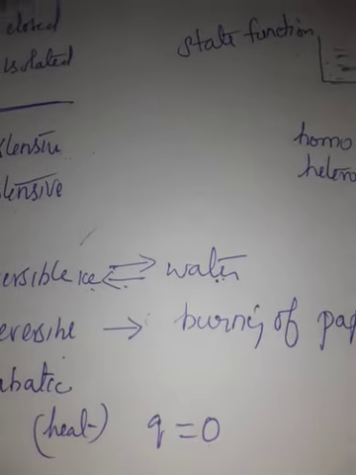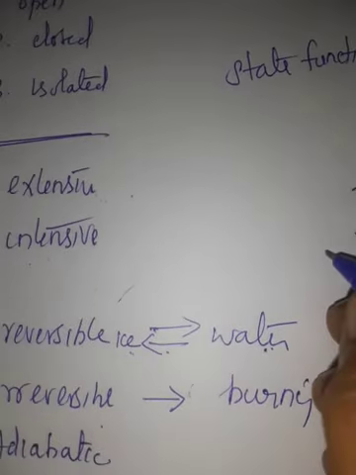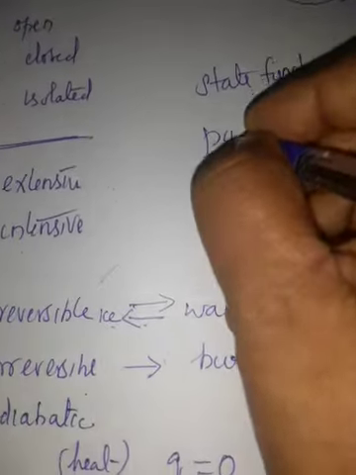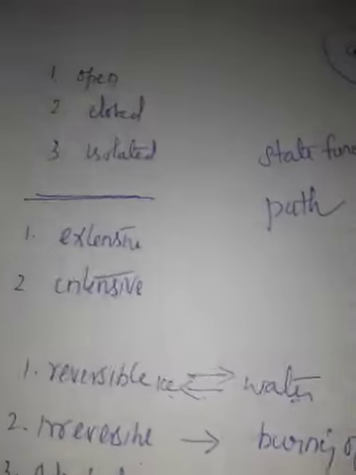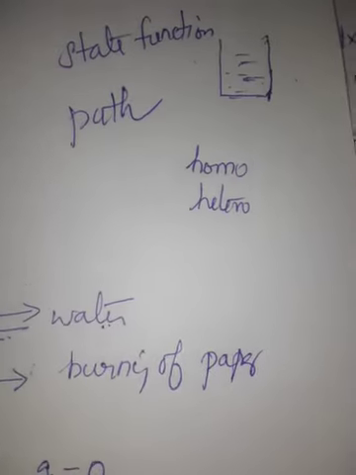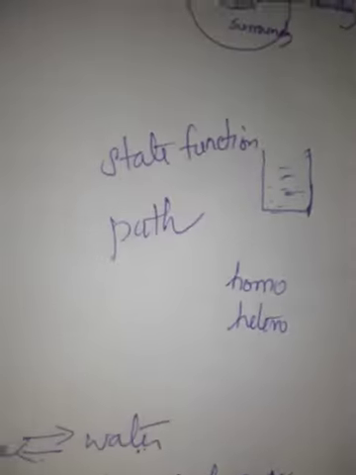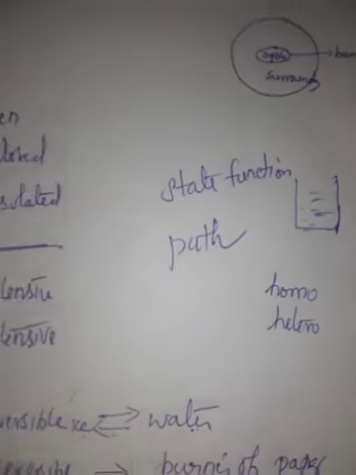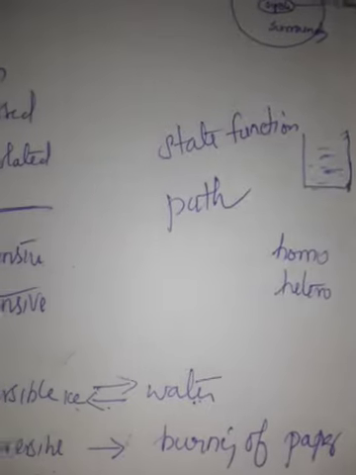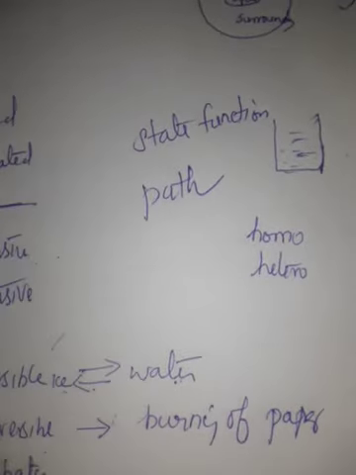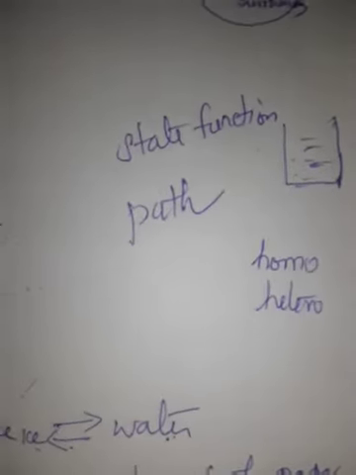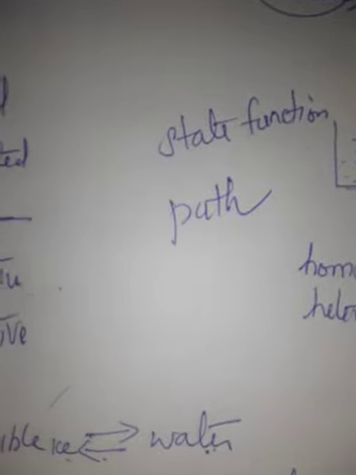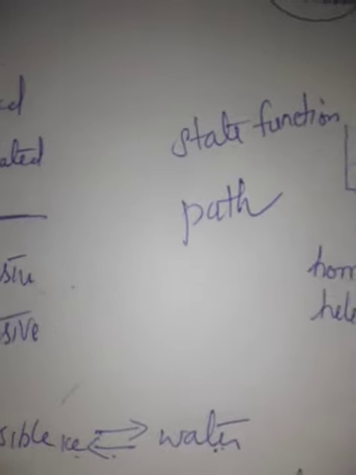It depends only on the particular state which is reached. Next, path function. A path function is another property of the system which depends on the path by which the system changes from the initial state to the final state. It does not depend on the state, it depends on the path. Examples are work, heat, and so on.